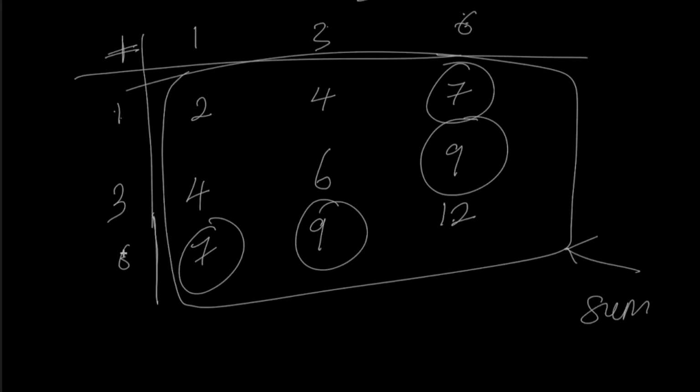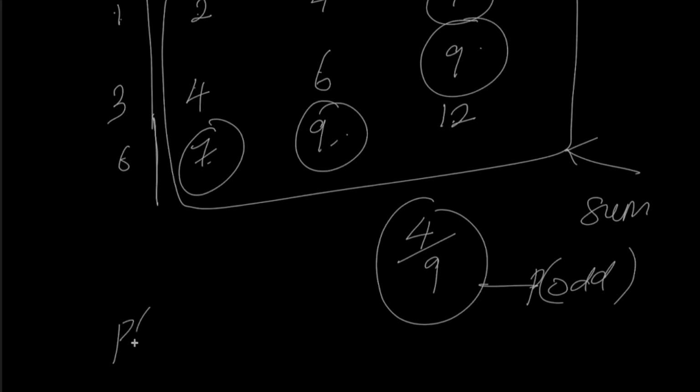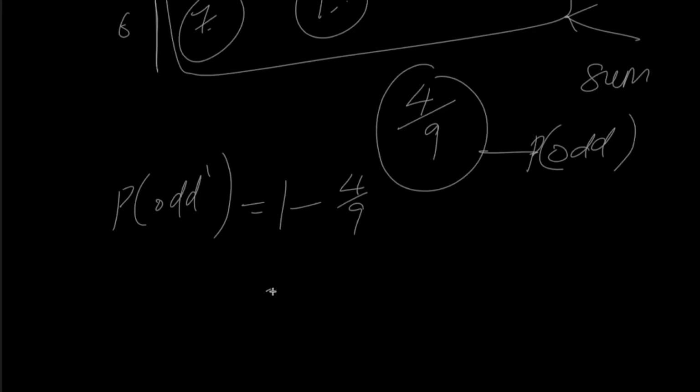We are not interested in the individual numbers. We have 1, 2, 3, 4 odds. Total 1, 2, 3, 4, 5, 6, 7, 8, 9. So probability of odd is 4 over 9. So probability of not odd is equal to 1 minus 4 over 9. You agree with me? This is 9 minus 4 over 9, which is equal to 5 over 9.